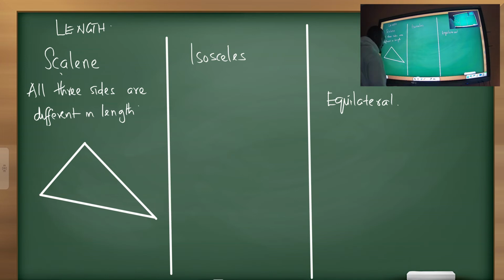If they are different, this is what I will use to show it. The lengths here, 1, 2. So they are not equal at all. The 3 sides are not equal.